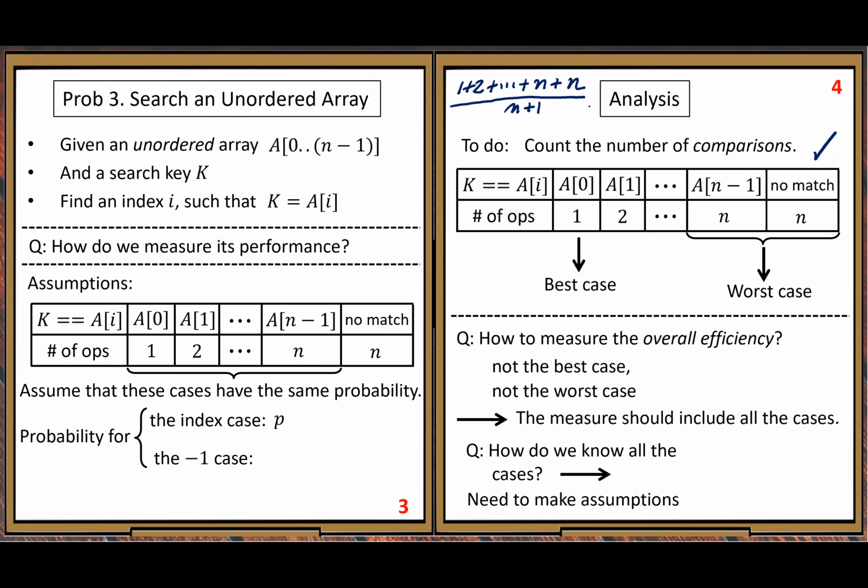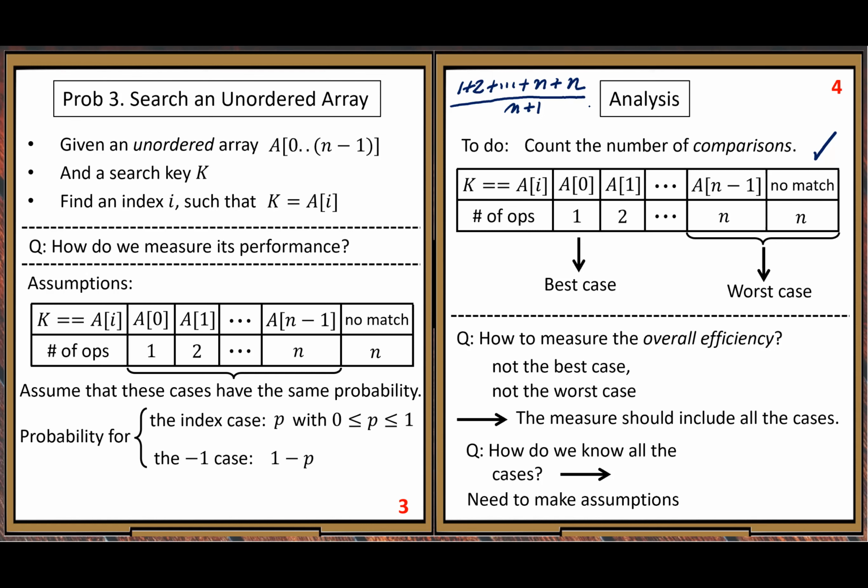We do statistics from the history data, so we estimate that P. With this little p percentage of chance, the given key K appears in this array. Then for the no match case, the -1 case, its probability is 1 minus P.